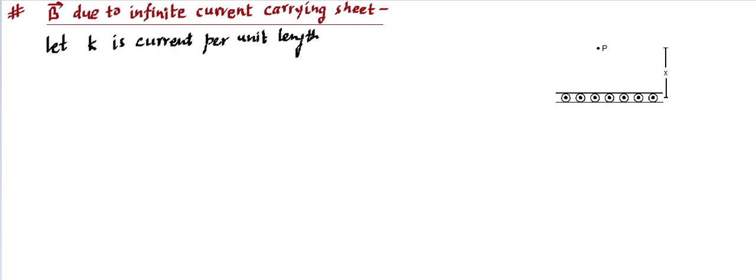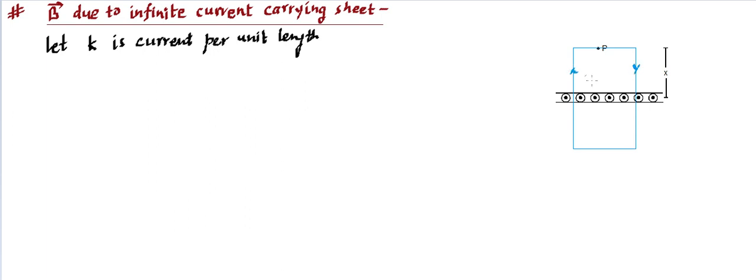So how can we use Ampere's law? Let's check. For that we need to consider an Amperian loop. So let's say we are considering this as an Amperian loop which is symmetrical. That means the amount upside is the same as downside. So upside is x, so downside is also going to be x. And we are going to give a sense to this particular loop.